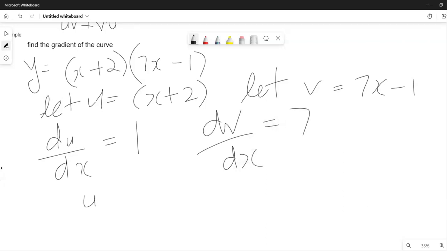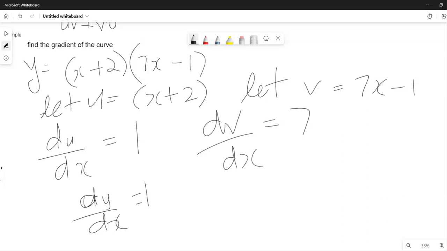So as I have there, and different people actually state it differently. So some will actually differentiate the second. Some will write it as v prime u plus u prime v. But it's the same thing if you look at them carefully. Alright, so dy by dx is gonna be equal to u prime or du by dx.